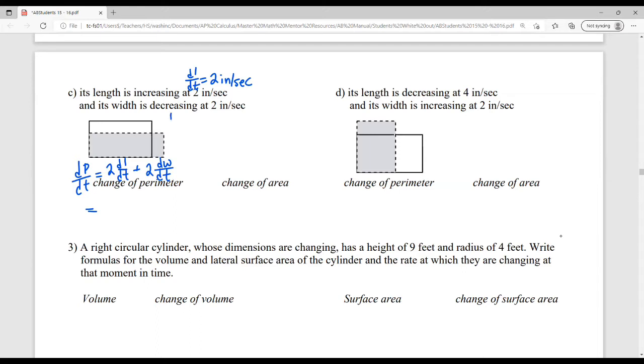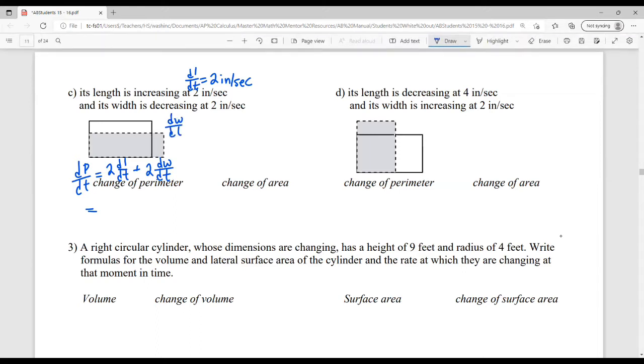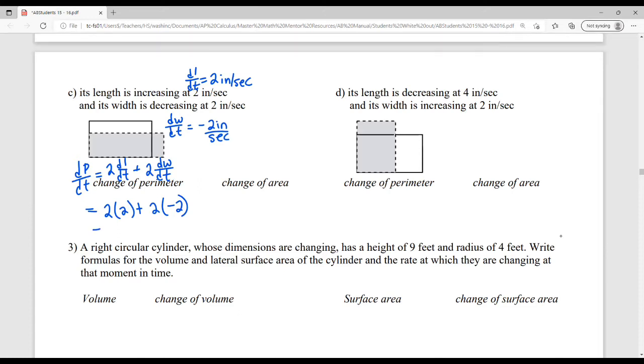And its width is decreasing, so dW/dt would be equal to negative 2 inches per second. So we get 2 times 2 plus 2 times negative 2, and that's equal to 0. So if the length is increasing at 2 inches per second and its width decreasing at 2 inches per second, there's no change actually in the perimeter.